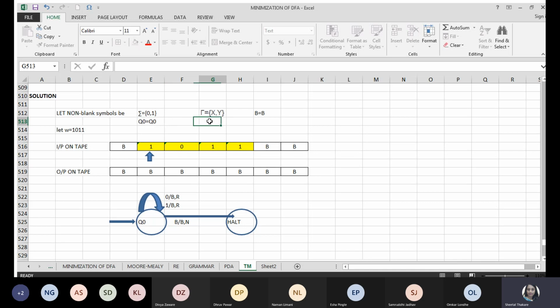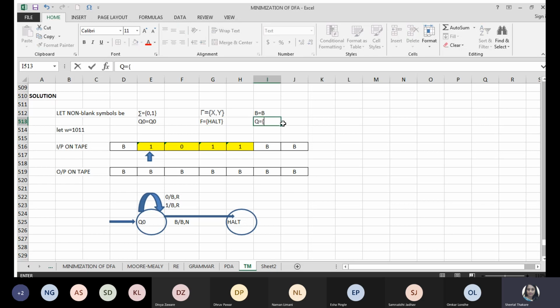Q0 is represented by Q0 itself. Capital F is what? Only halt state, only one accepting state is there. So halt. Then capital Q is what?